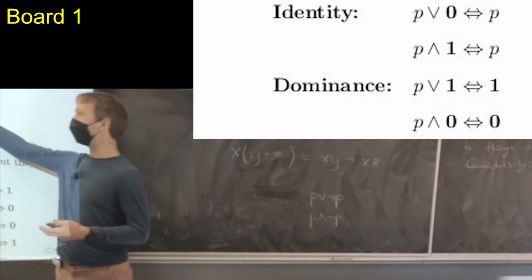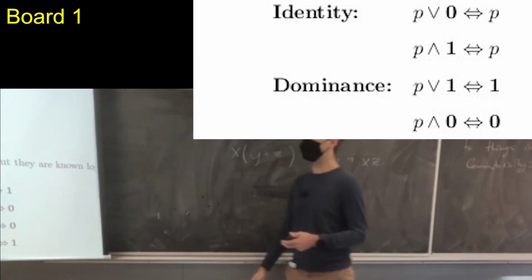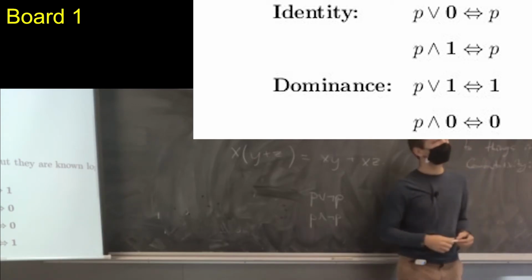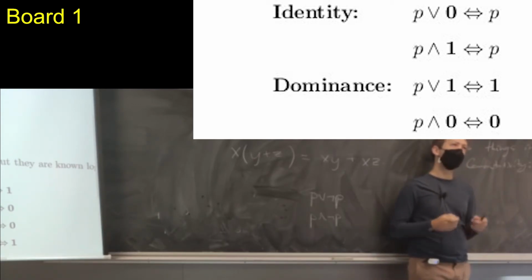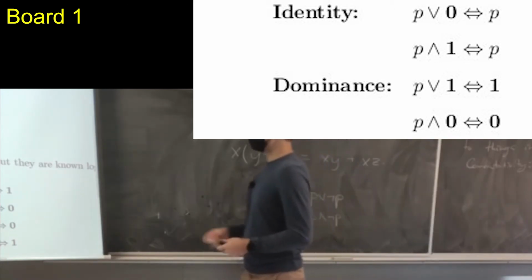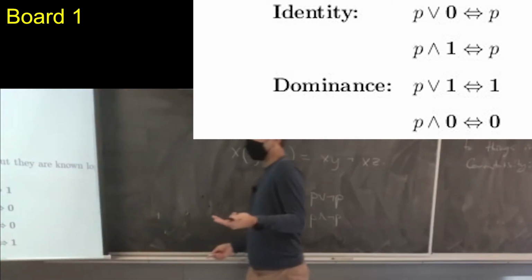So identity: P or 0 is equivalent to P, right? Is that clear? Because if I take P or 0, if P is false, then P or a contradiction, or P or 0, is false. If P is true, then it becomes true, right? This is also kind of like algebra.